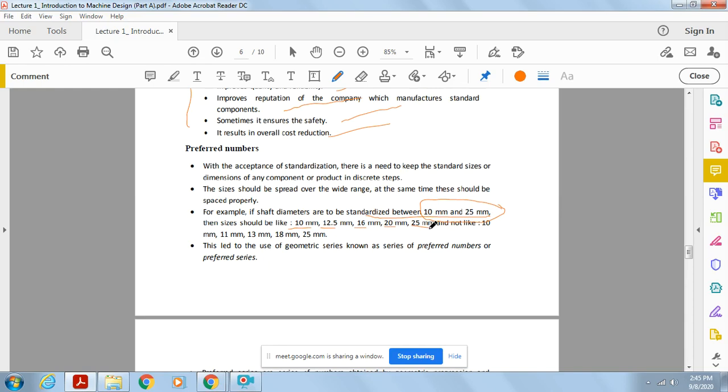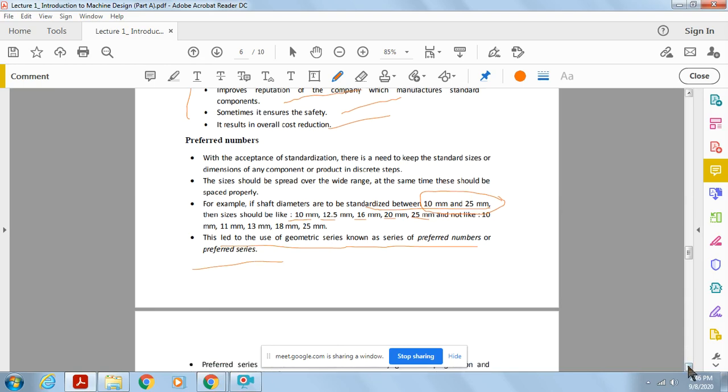Random sizes like 22 or 23 may not be available. So how can you decide what are the important sizes available in the market? There is obviously some standardization, some guidelines. These led to the use of geometric series known as the preferred number or preferred series.